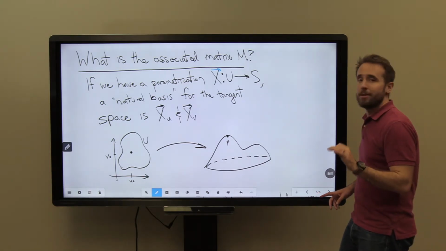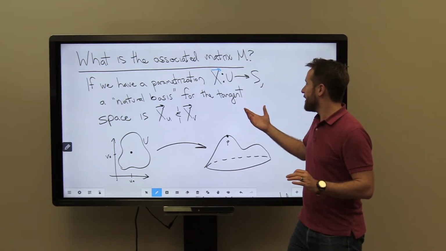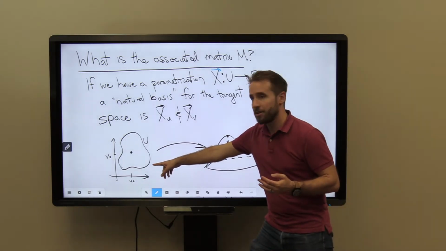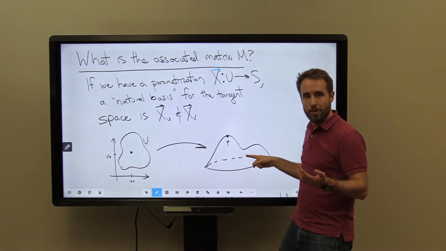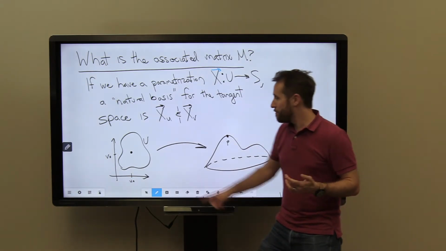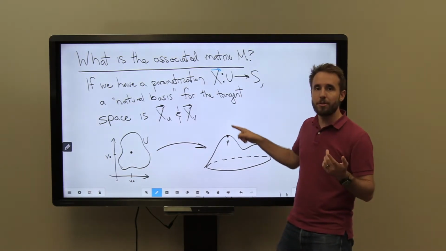As a reminder, I have my parameterization going from some set U onto my coordinate patch over here, onto my surface S, and every point over here corresponds to a point over here.